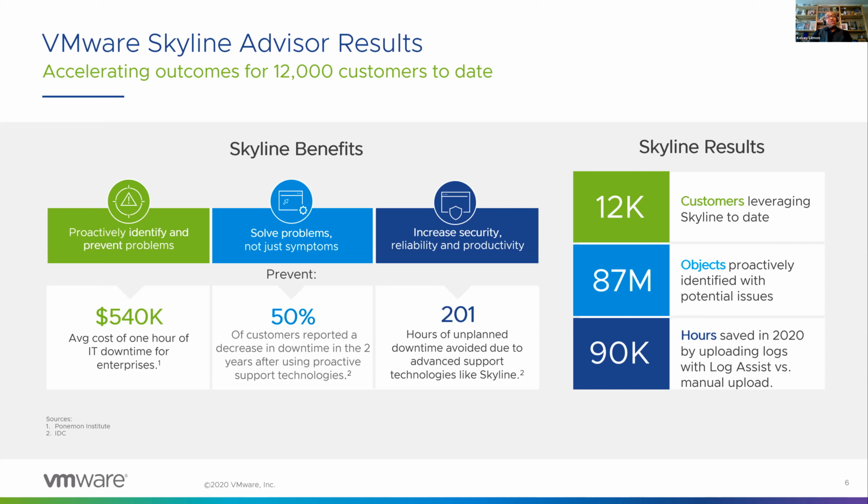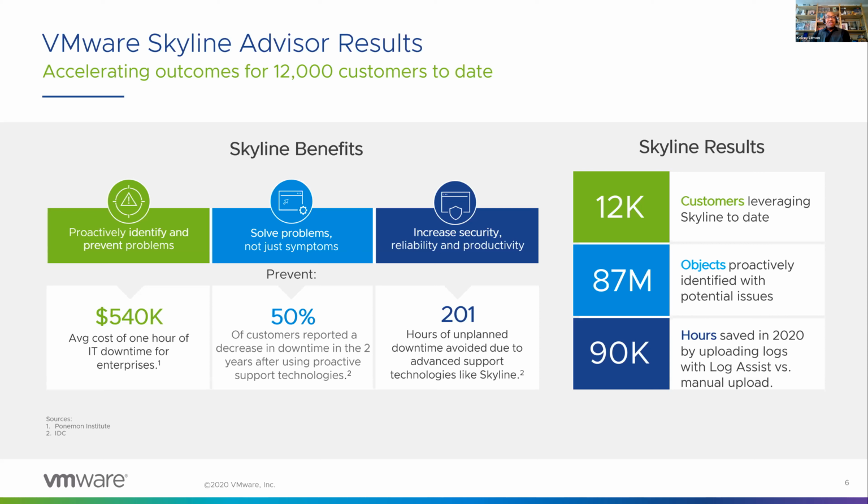And there are times when you may need to react to an issue that wasn't proactively resolved. Skyline can support you here as well, through my favorite feature, which was number one in the poll: Log Assist. It's 17 times faster than manual log upload and transfer processes.